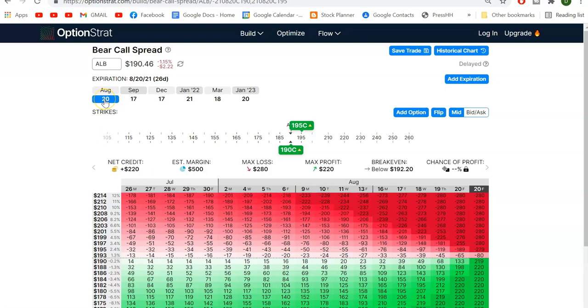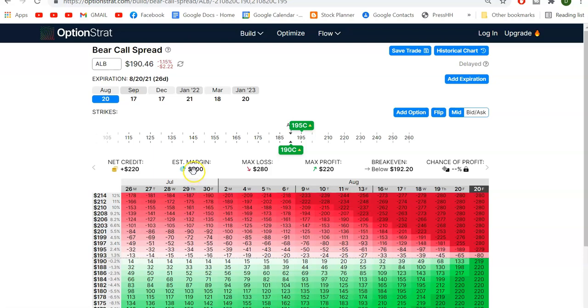We're going to use an August 20th time frame, which is about 1 month, 18 trading days or 22 trading days. We're going to get $220 put in our trading account, and we have to put up $500, which is different because the other trade to short the stock, 5 shares, would cost us $1,000.